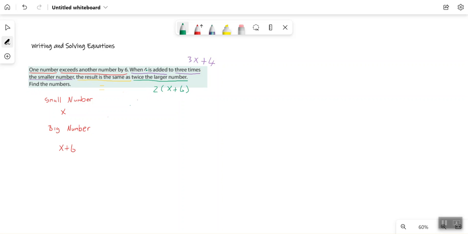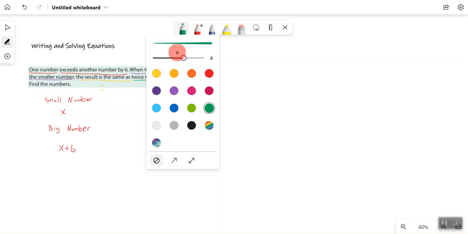So basically what it's saying is that this piece over here is equal to this piece here. So we can make these equal to each other, and make our equation.